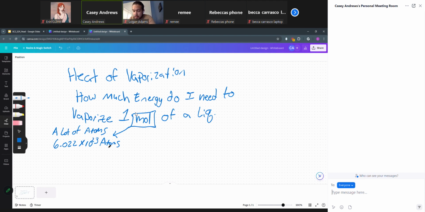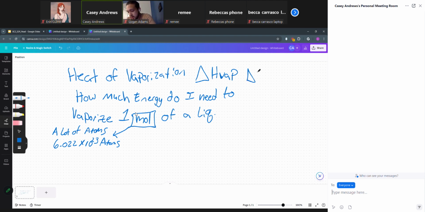The symbol for heat of vaporization is delta H vap. Let's briefly talk about what those letters mean, because we're going to see them quite a lot this semester.